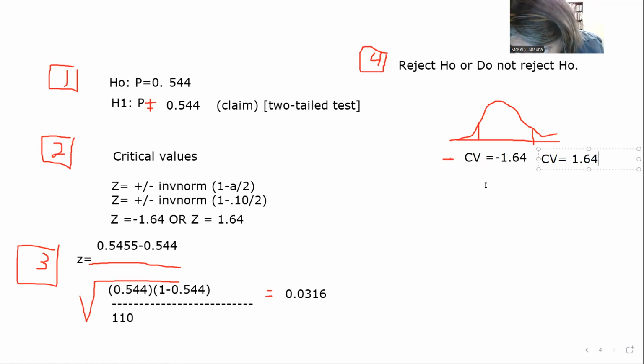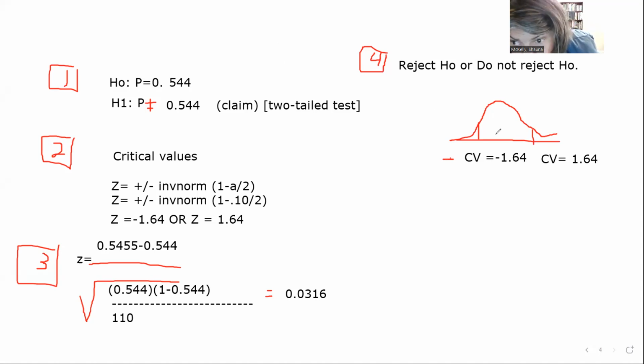Now, what are we saying here? We're saying Z is equal to 0.0316, so remember zeros in the middle.